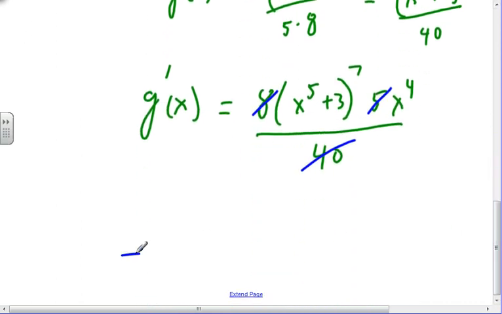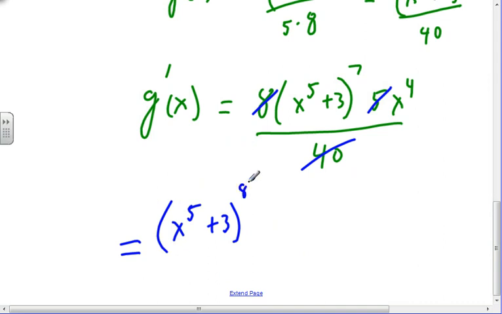So my integral becomes x to the 5th plus 3 raised to the 8th over 40 plus some constant of integration c. I do a problem like that by coming up with a guess, and the guess would be an educated guess.